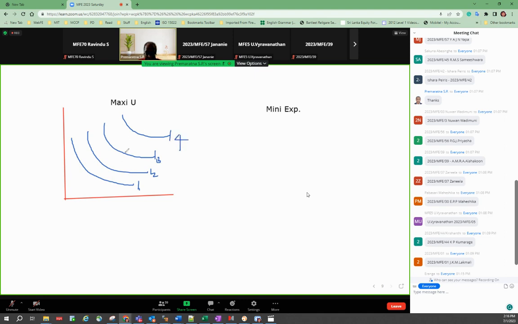So maximize utility, go to this direction. But we can't do it like that, because the budget constraint is already there. Now, if you bring the budget constraint here, you are stuck with the budget constraint.